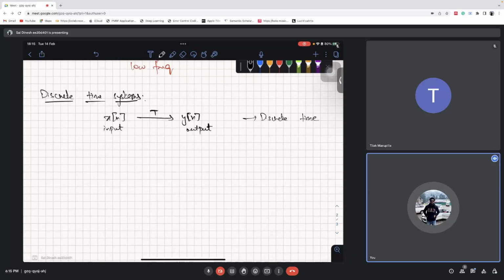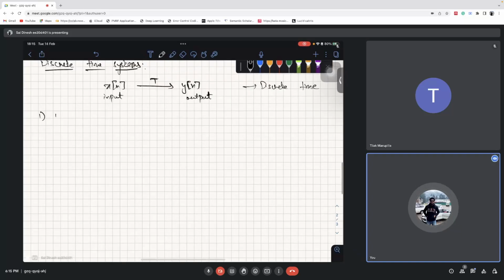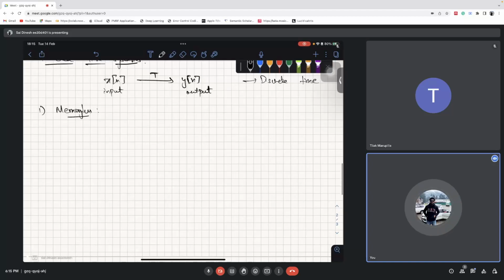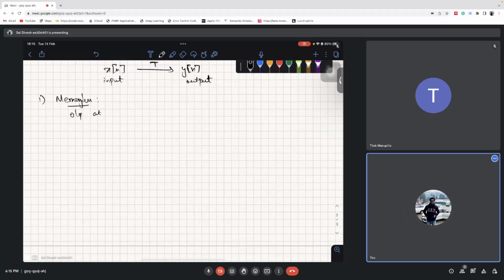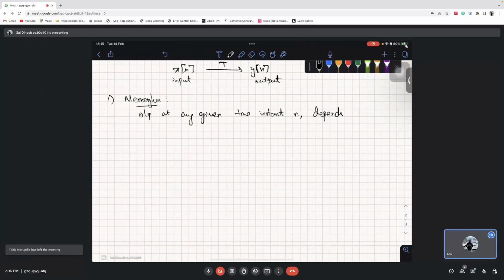First we'll talk about the memoryless property of the system. A memoryless system is one where the output at any given time instant n depends only on the input at the same time instant, right?